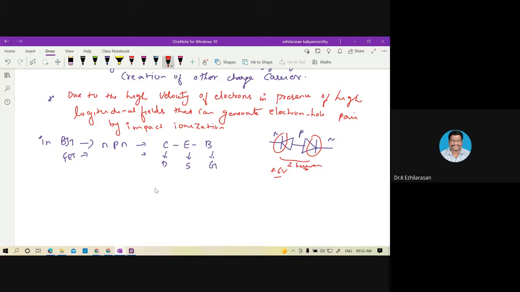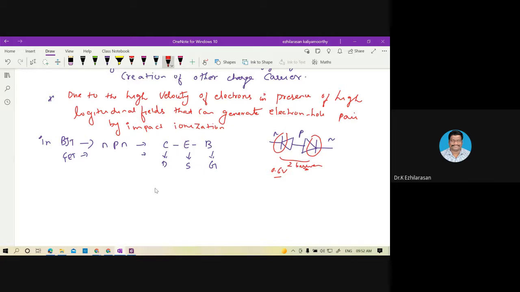So now the electrons can be injected from source to the substrate, similar to the injection of electrons from the emitter to the base.